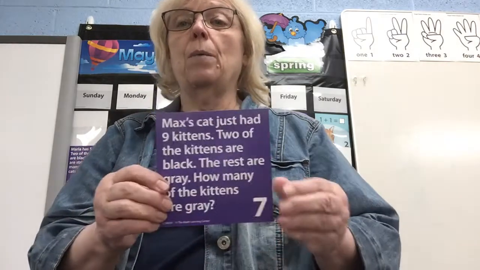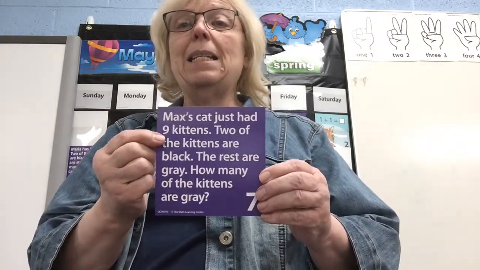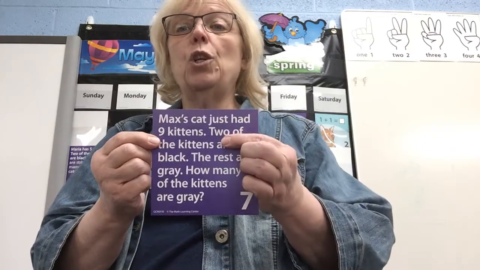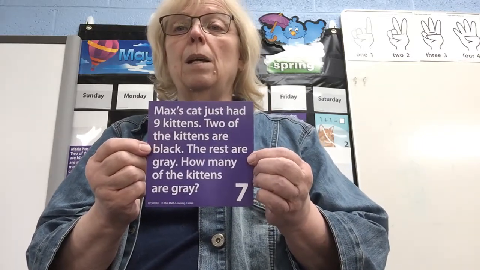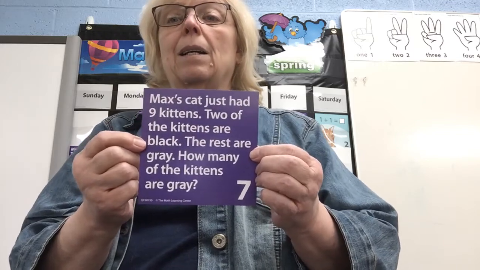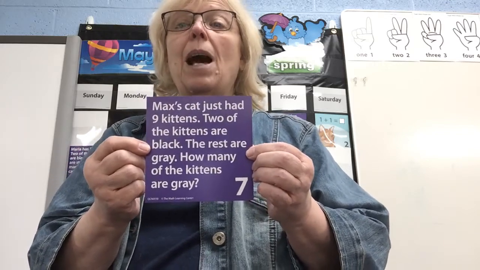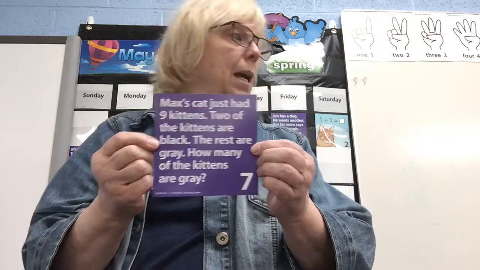How many of the kittens are gray? So we have a subtraction problem. Here we have 9 kittens. 2 of the kittens were what color? Black. And we want to find out how many kittens are gray.